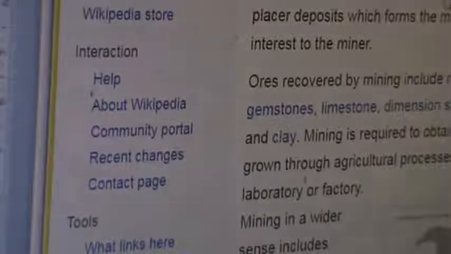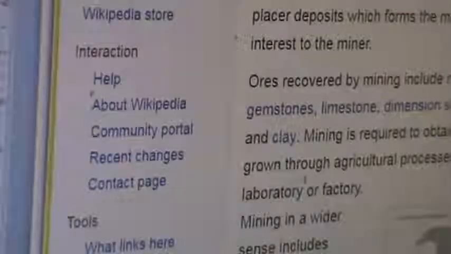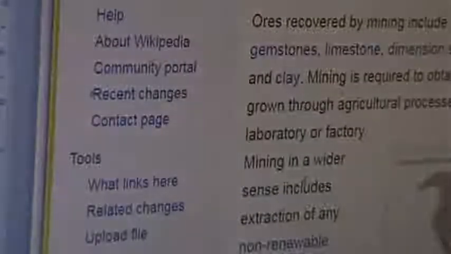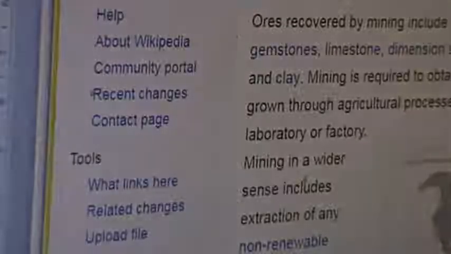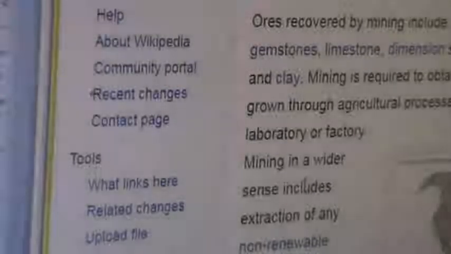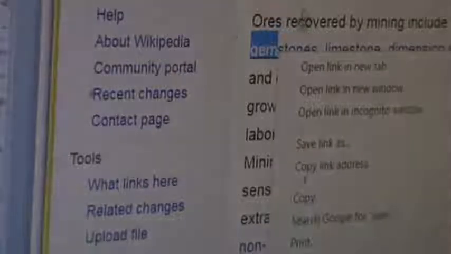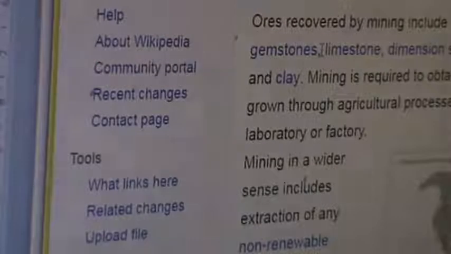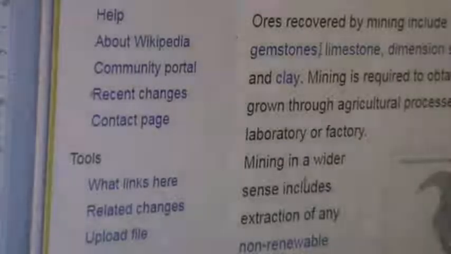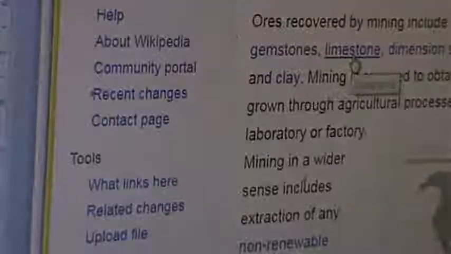An ore body, a lode, a vein, a seam, a reef. Metals, coal, oil, shale. Gemstones. Oh yeah, gem is Father. How did I not talk about that? It's like stone. Limestone is Father.